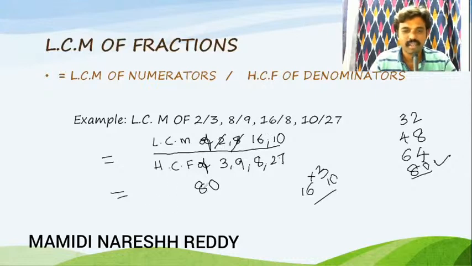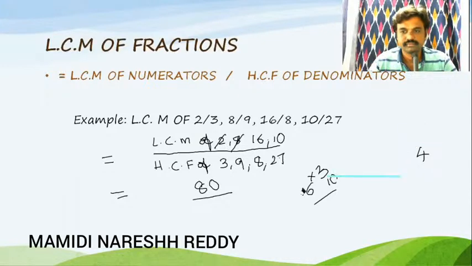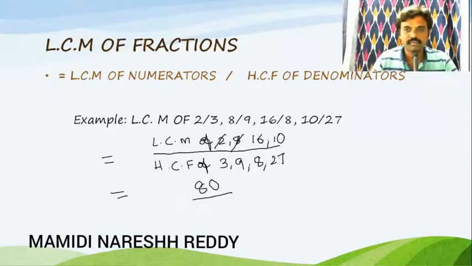And let us find the HCF of 3, 9, 18, 27.